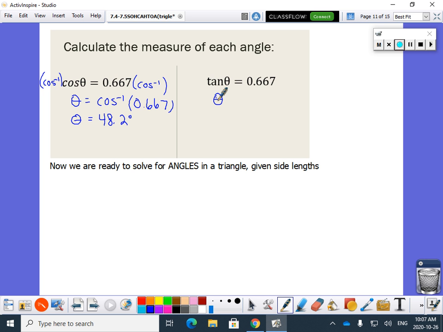Over here, same thing. What do we get? 33.7, everyone should have gotten. Let me know if you didn't get that.